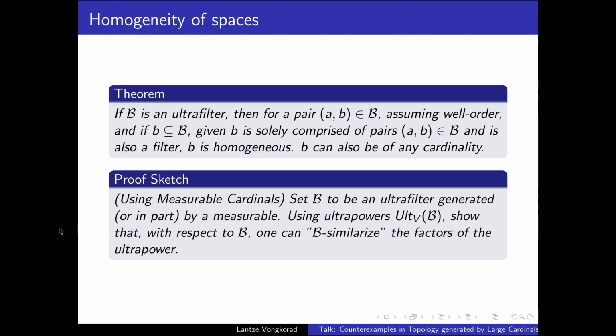We saw that with respect to 𝓑, one can similarize the factors of the ultrapower. And of course, this part might seem hand-waved, but in reality, it's more, how do I say this? Squishing of the factors. No, not squishing. No, restricting the factors of the ultrapower with respect to 𝓑.